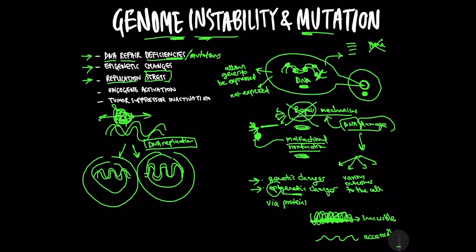And if this replication machinery is defective or non-functional or malfunctional, then there can be replication stress, which then contributes to the mutation in the genome as here.